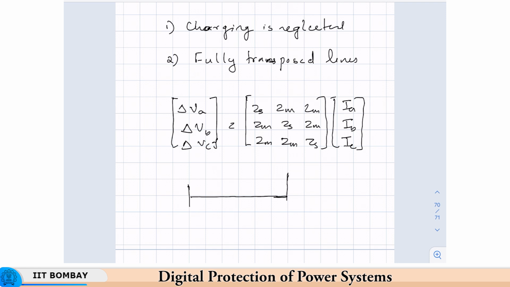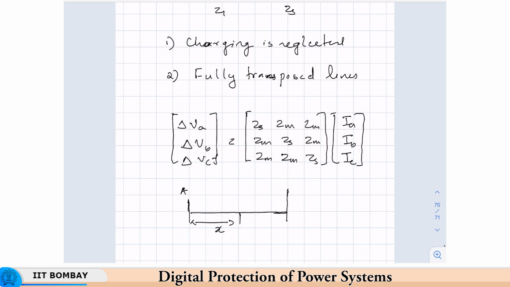So say the voltage at the fault point was Vf, or in this case Va of f, then if it was a solid single line to ground fault, then Vf of A would be equal to 0, because we have made that assumption that there is no fault impedance.